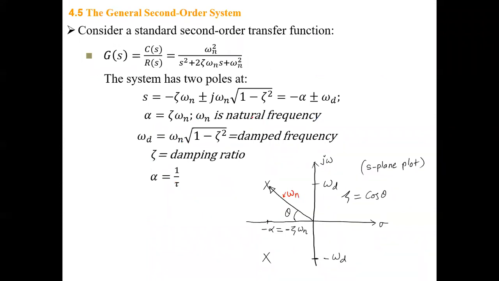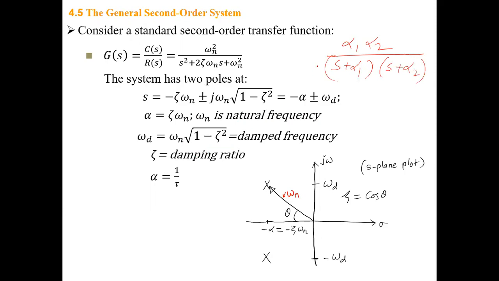Now, in the previous case, we started with just a simple thing, right? Simple alpha 1, alpha 2: S plus alpha 1, S plus alpha 2. That's what we did in the previous.